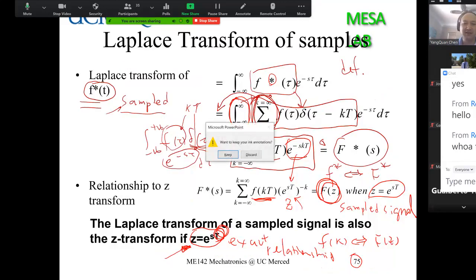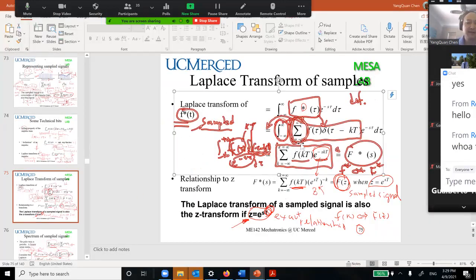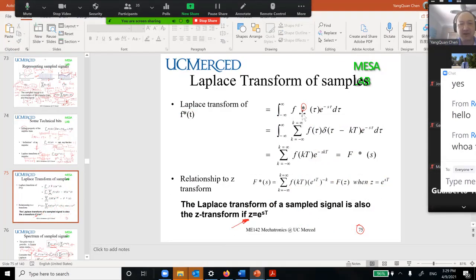All right, this is a critical slide. I want to refresh this one with you. So we are going to study the Laplace transformation of this. Remember, f star is the sampled signal. We talked about it.